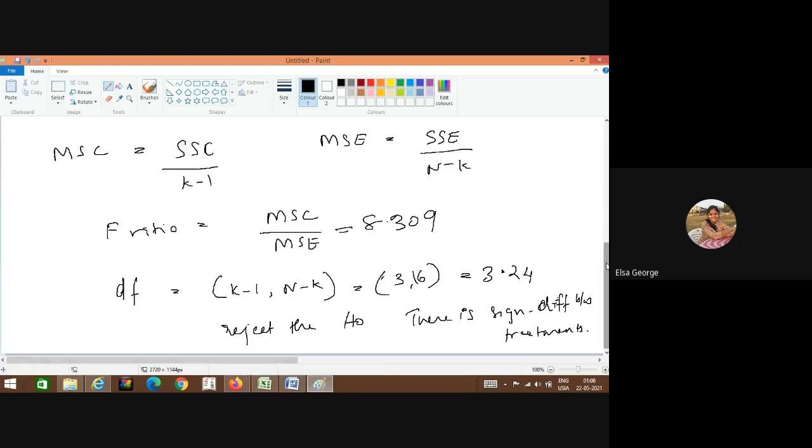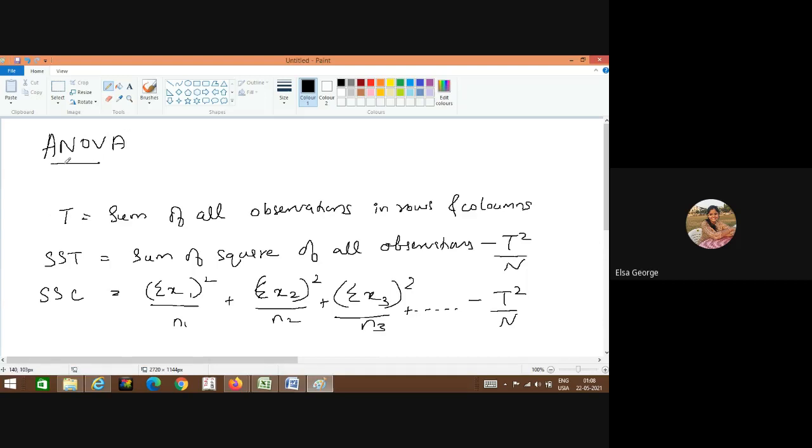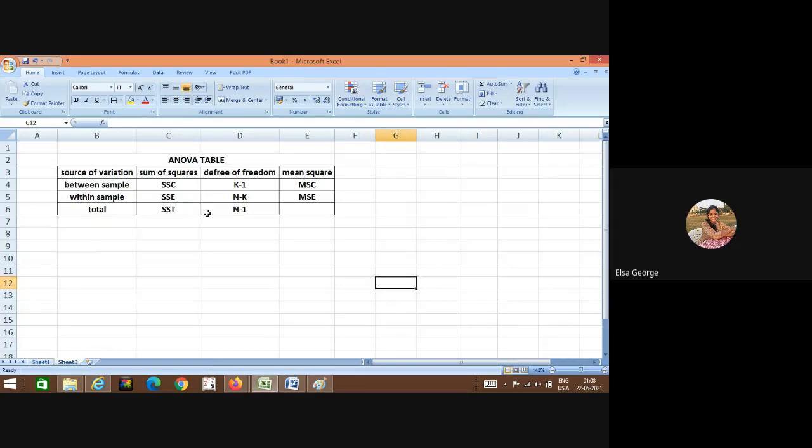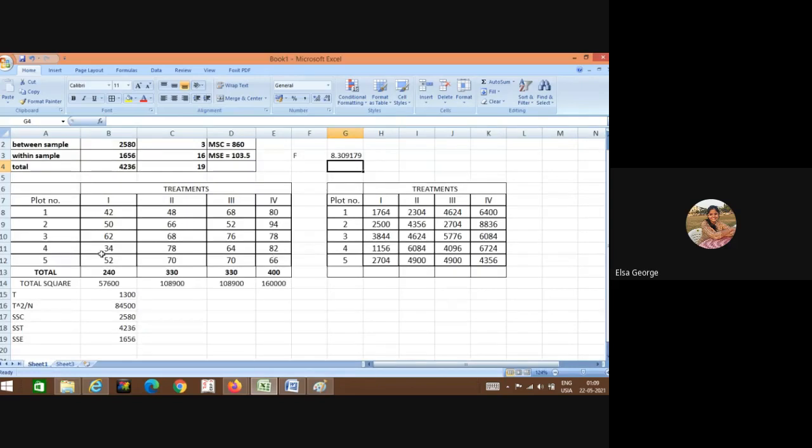Now let us go through it once again. For finding out ANOVA, first you need to prepare an ANOVA table which looks like this. So you need to learn this table by heart in the first place. Now for your ANOVA table, the first step is to find out your T value, which is the total of all the values in the question.